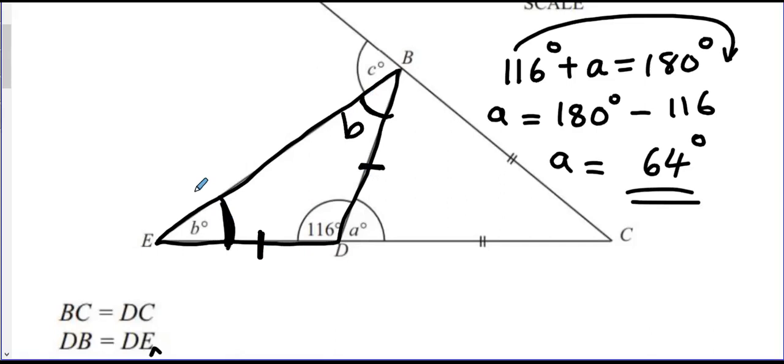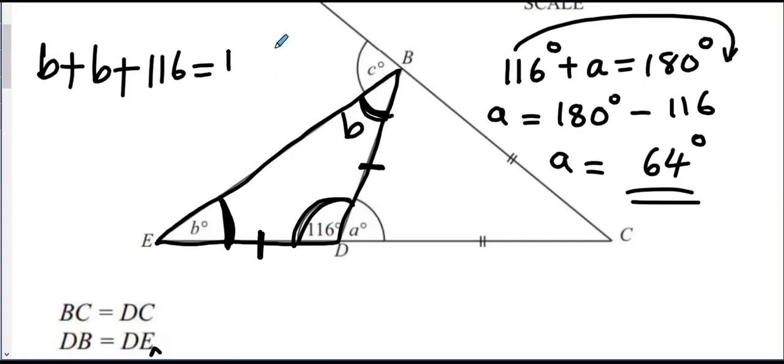So do you know what it means? If I take this angle here, which is B, plus this angle here, which is B, plus 116, the answer will be equal to 180. How did I know? When you add angles inside a triangle, the answer will be equal to 180.